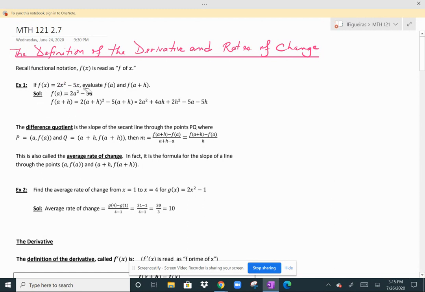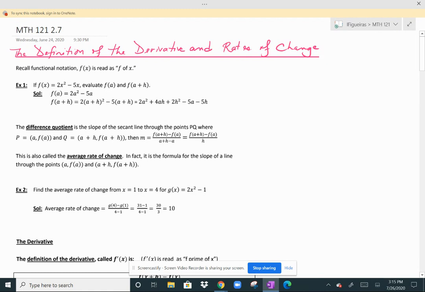So a plus h squared, you FOIL that out and distribute the 2. So you get this expression, 2a squared plus 4ah plus 2h squared, and then distribute the negative 5. So we get this minus 5a minus 5h. Again, none of those terms are like terms, so you cannot do anything else with that expression.